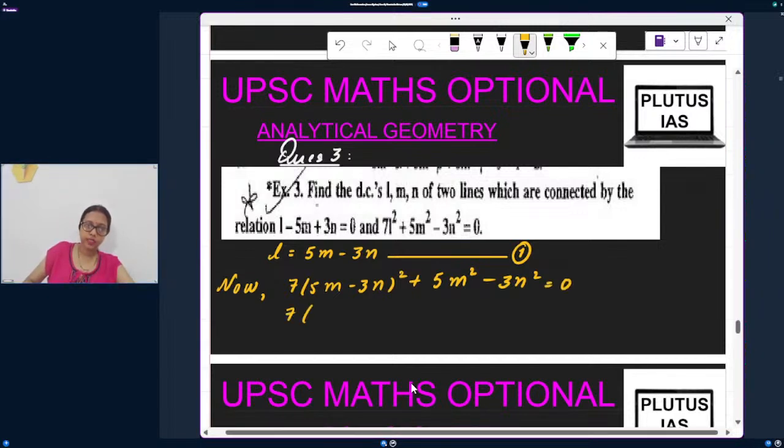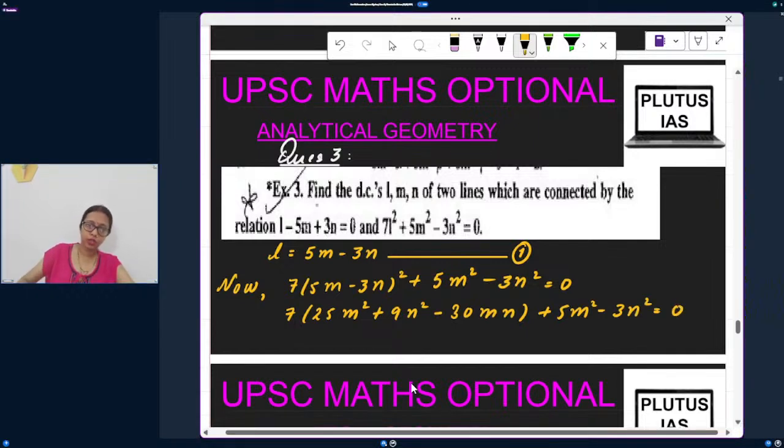Solve. 7 times 25m square plus 9n square minus 30mn, plus 5m square minus 3n square is equal to 0.